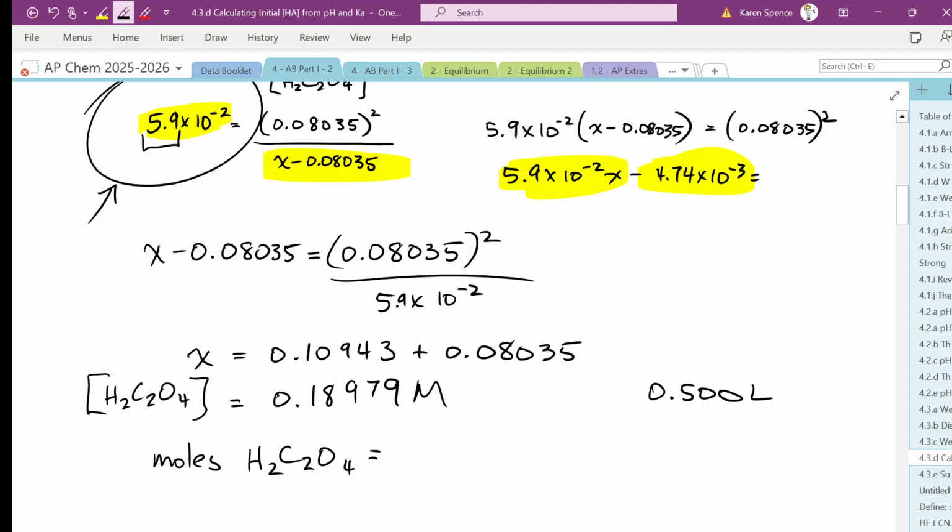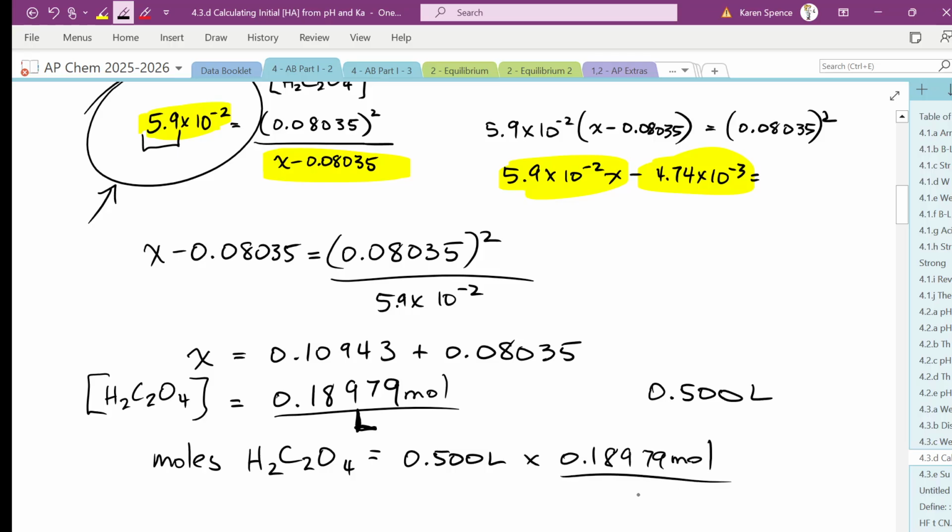And we know that molarity is really moles over liters. So we can then calculate it: 0.500 liters times 0.18979 moles per liter. The liters will cancel out.